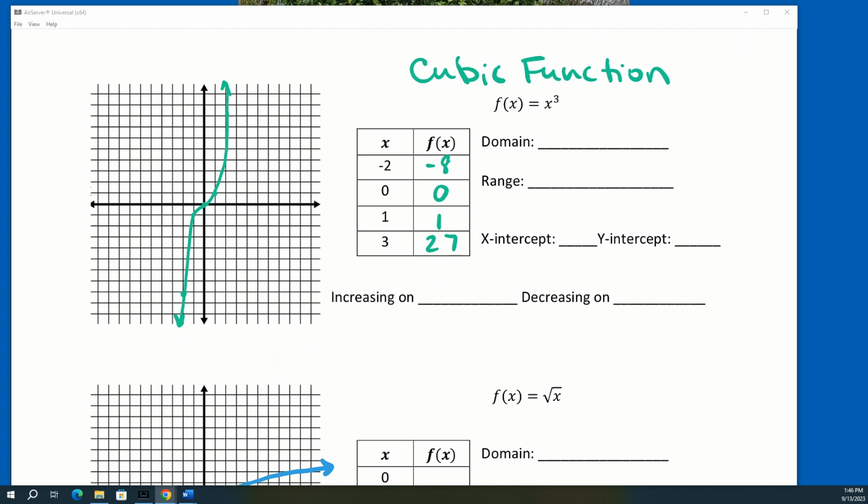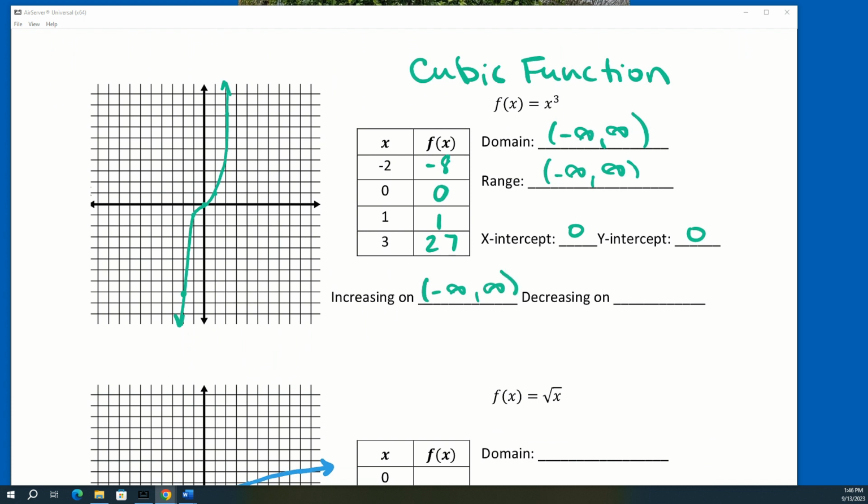All right, what about the domain? Yes. What about the range? Yes. So arrow going up and an arrow going down. It's going to be all real numbers. This one's going through 0, 0. Where is this one increasing?